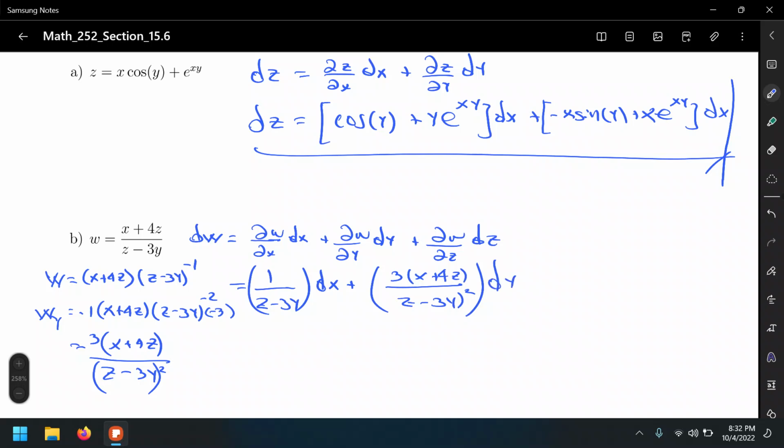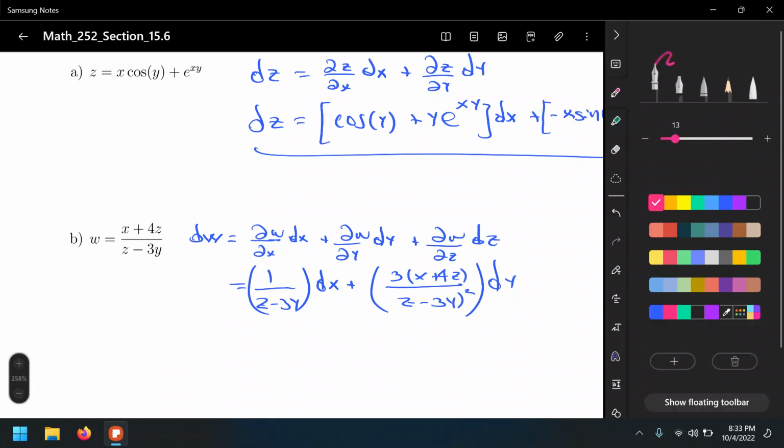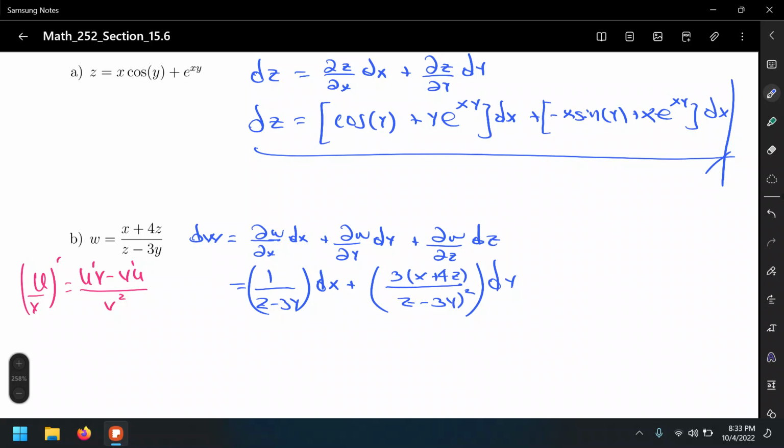Now for the derivative with respect to z. That's the one that will require the quotient rule, because notice how we have z's in both the numerator and the denominator. So let's recall what the quotient rule is. The derivative of u over v is u prime v minus v prime u over the denominator v quantity squared. In this case, we are going to differentiate this given function w with respect to z.